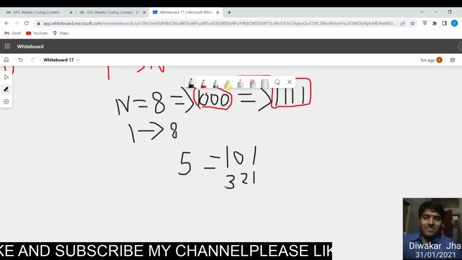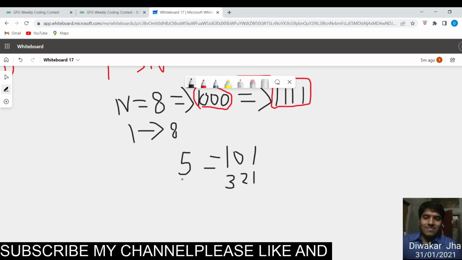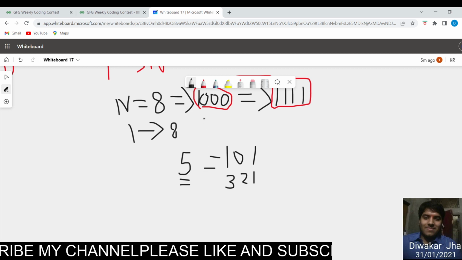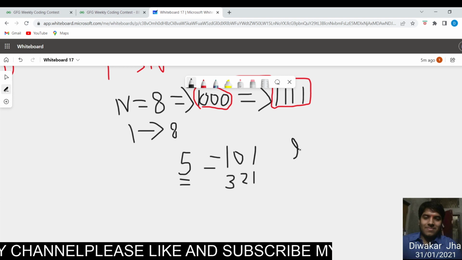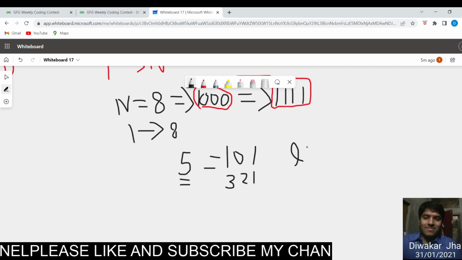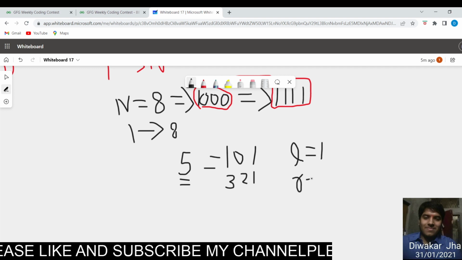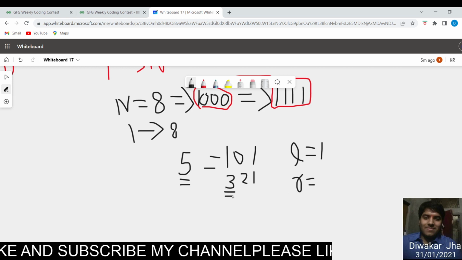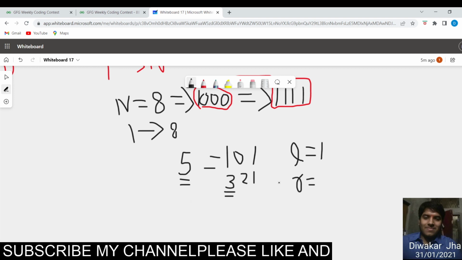So there are 3 bits available in the representation of the value 5. You store that value in L, which is 3.